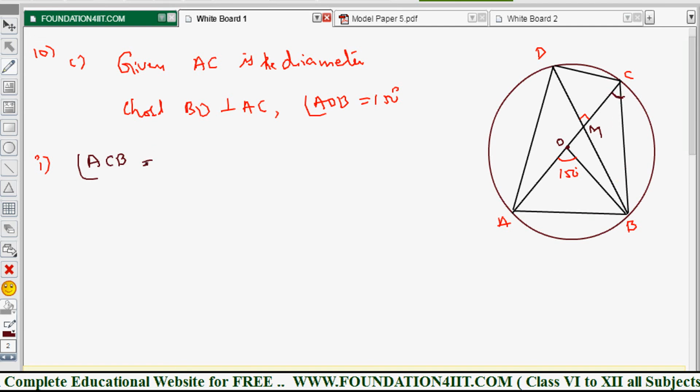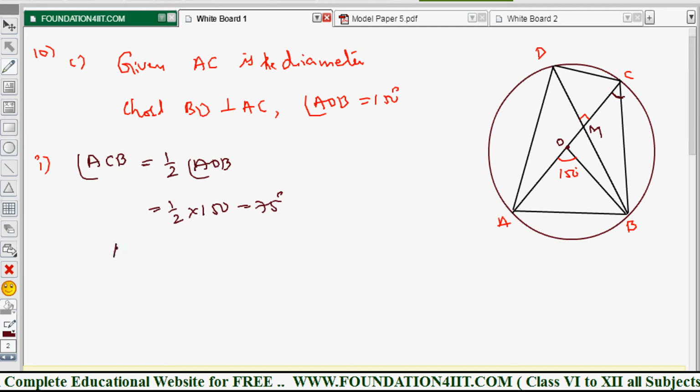That's the rule. Right? So 1 by 2 into 150, that is 75 degrees. So this rule, angle at the circumference is half the angle at the center. Okay, if it is 150, this must be 75.